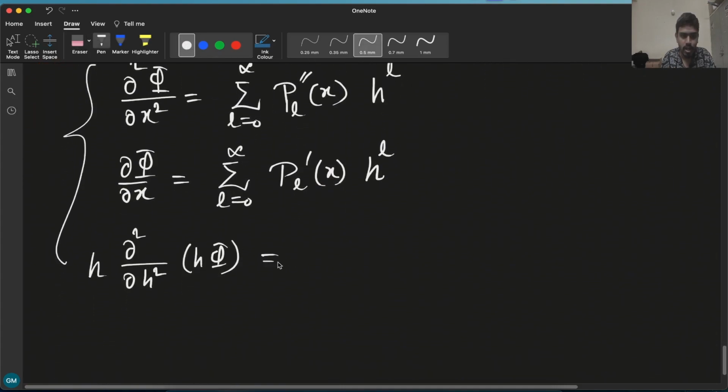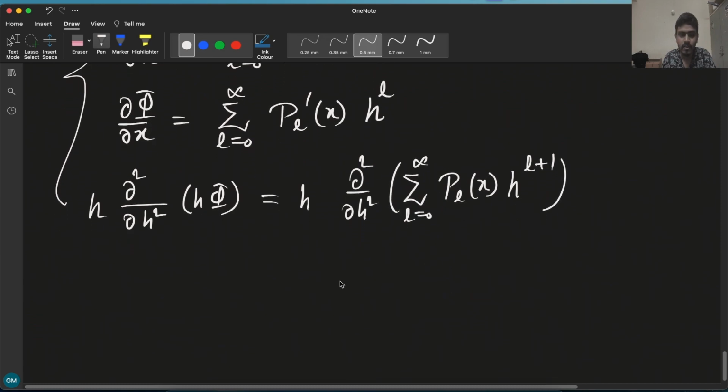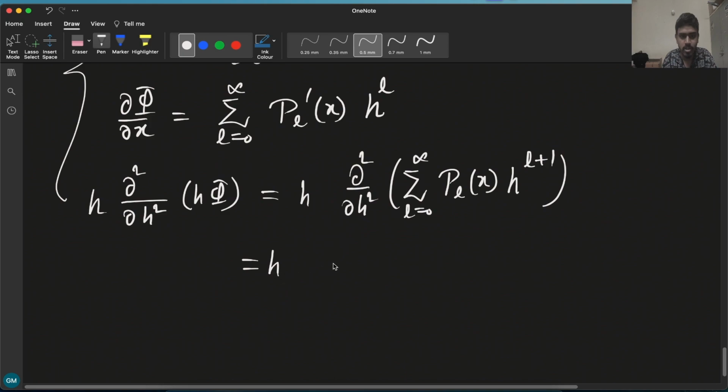So if I calculate it, it will be h times del 2 del h2 of the sum over L equals 0 to infinity of PL(x) h to the power L plus 1. Now it's a double derivative, so I can write it directly.